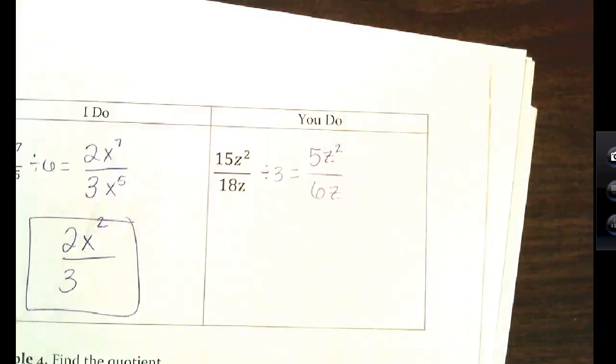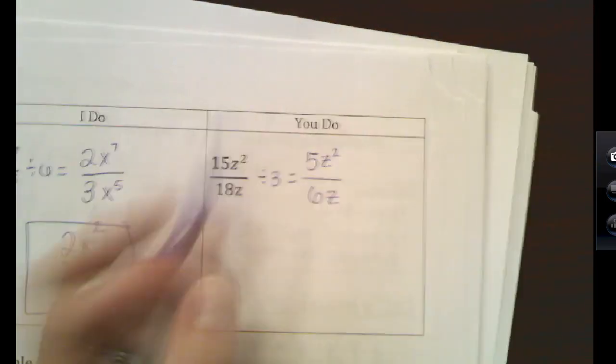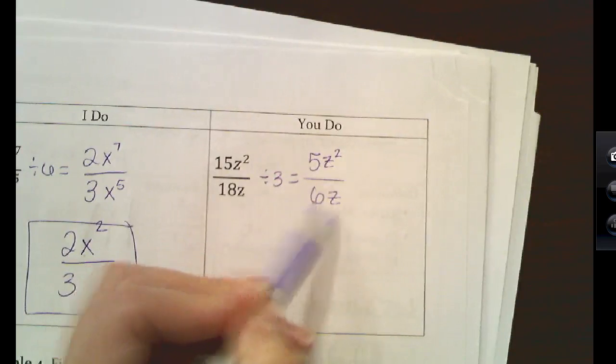So I'm going to go ahead and divide those both by 3. So when I divide by 3, are you guys getting 5z squared divided by 6z?